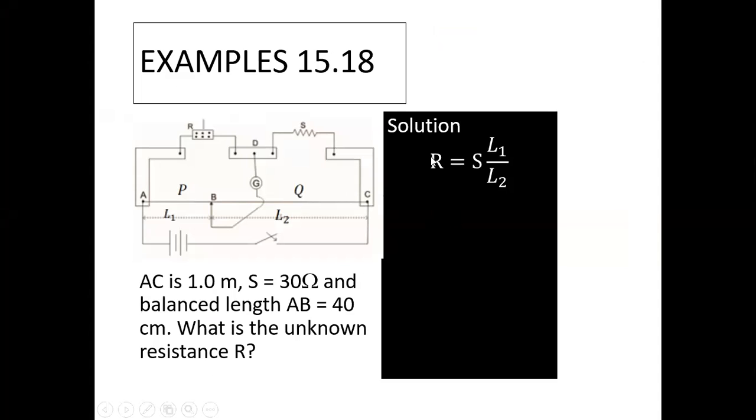That's your R. R is L1 over L2 times S. Put in your value. S is 30. 100 minus 40 is 60. Cancel that, this is 2. So it's 20 ohm. That's what I said, 30 over 60 times 40. Okay.